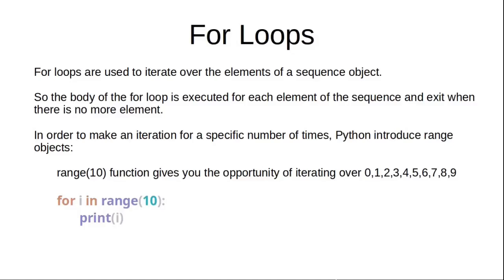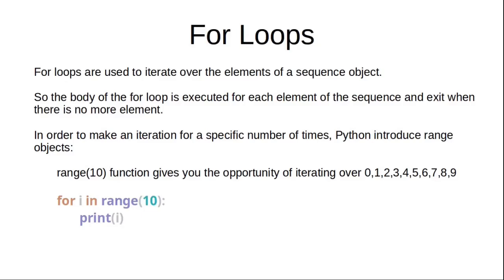In order to execute code several times, computer programming introduces loops. In Python, for loops are used to iterate over the elements of a sequence object. The body of the for loop is executed for each element of the sequence and exits when there is no more element.